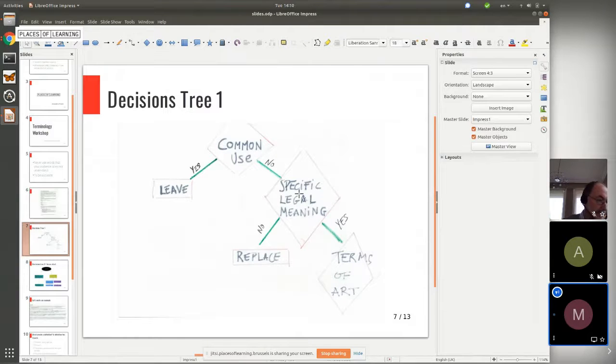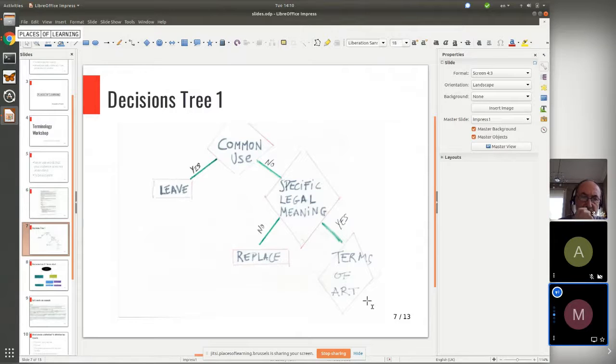If the answer is yes, this word has a specific legal meaning, then we are in what is considered a legal term or a term of art. And this is when we go to the next decision tree. Normally, these are legal terms that have a specific legal meaning.